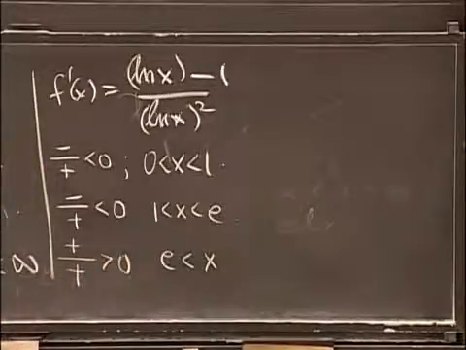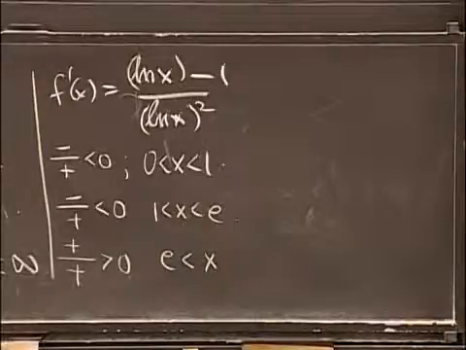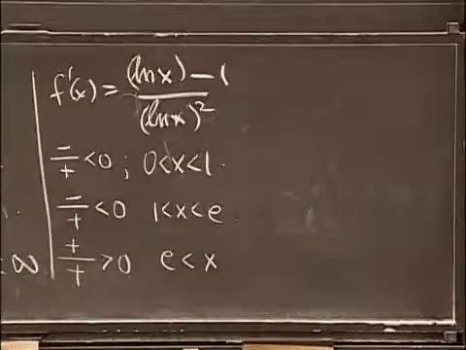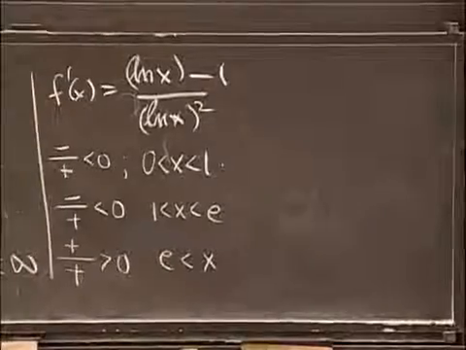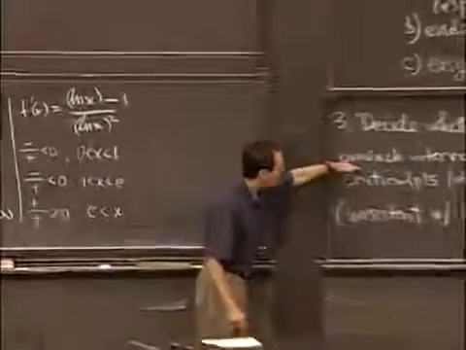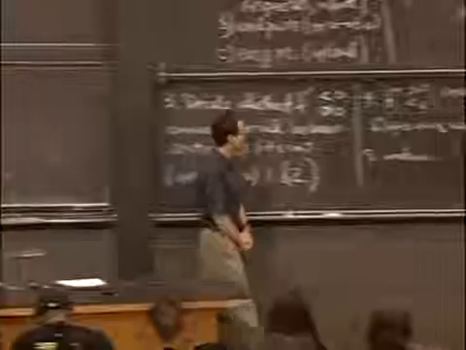So we've just double-checked something that we already knew. All right, so that's pretty much all there is to say about step 3. So this is checking the positivity and negativity.